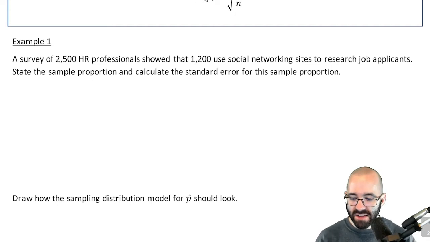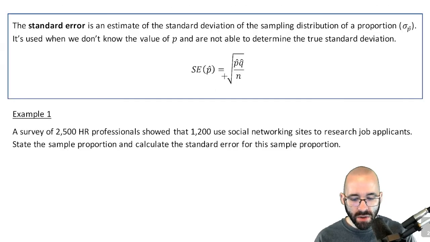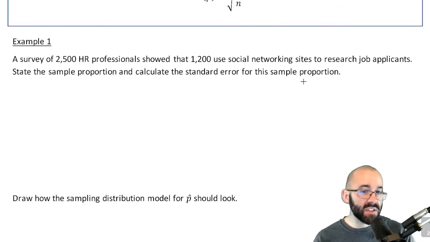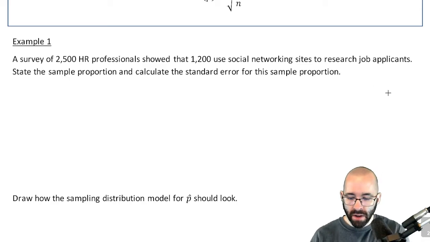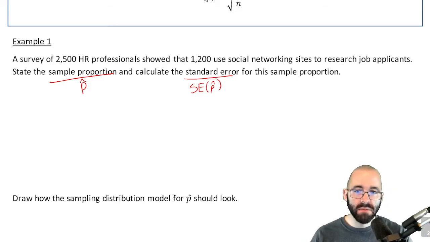Okay, so state the sample proportion and then calculate the standard error, which remember we just told you what standard error was up here, for this sample proportion. Remember sample proportion, that's our p hat. Standard error, we just did that up there. It's the standard error of p hat. It's written like this. Well, this shouldn't be too bad.